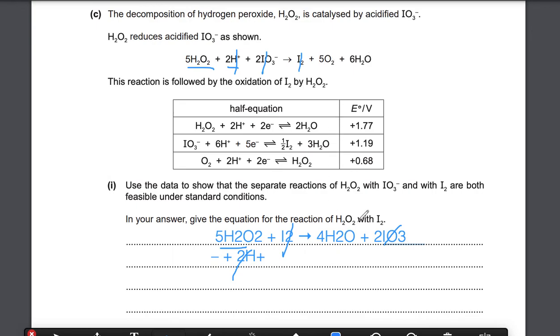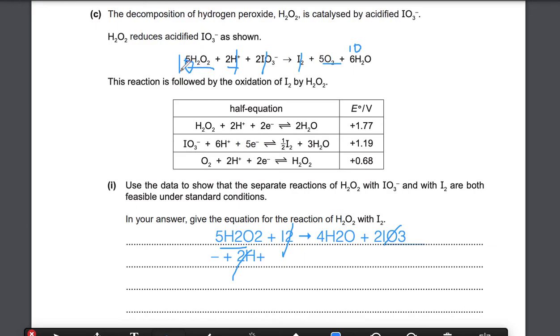So what we do is we add 4 and 6 hydrogens, which become 10 H2O, but only 5 oxygens. So it becomes 2H2O2.